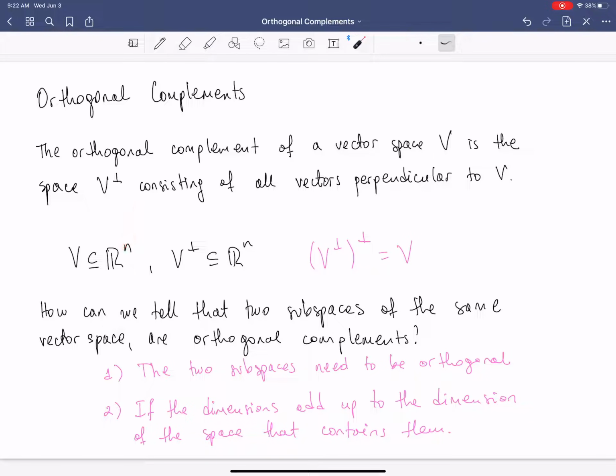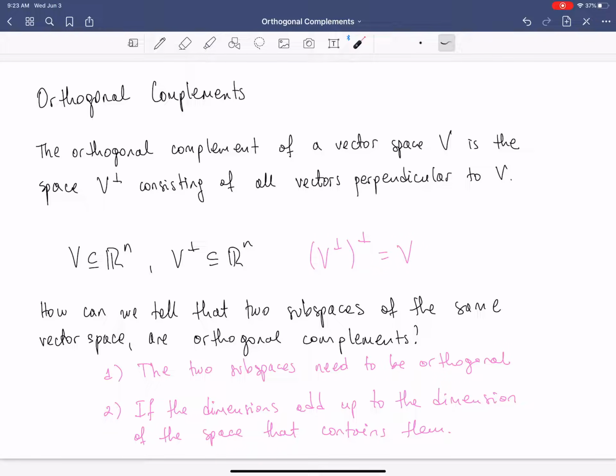It cannot have more, it cannot have less. That's how we define dimension. So if this vector space V has dimension k, and this other vector space, which is orthogonal to V, has dimension n minus k, then we know that the two must be complements because there cannot be anything else. So the dimensions do the trick.